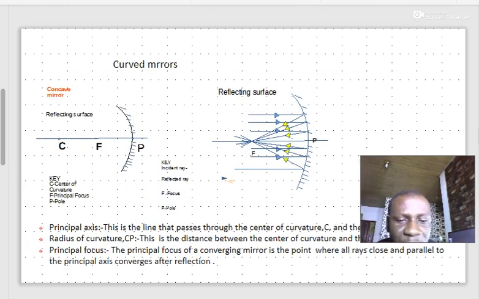Here we actually want B, and that's curved mirrors. A curved mirror is formed by cutting through a vertical plane on a spherical glass or a circular glass.